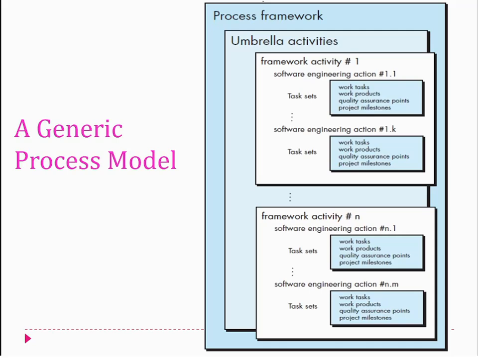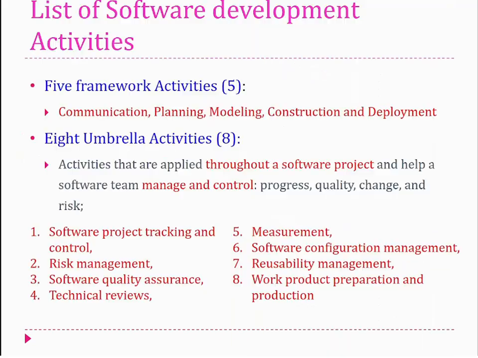Next, we move on to the list of software development activities. The generic process model consists of 5 framework activities. The first activity is communication, where developers interact with the customer to understand their requirements. The second is planning, where project schedules, resources, and risks are identified.